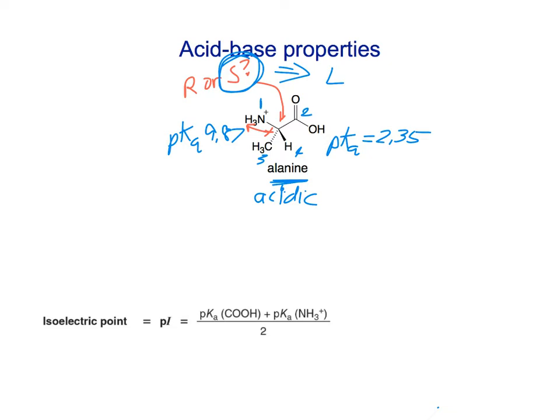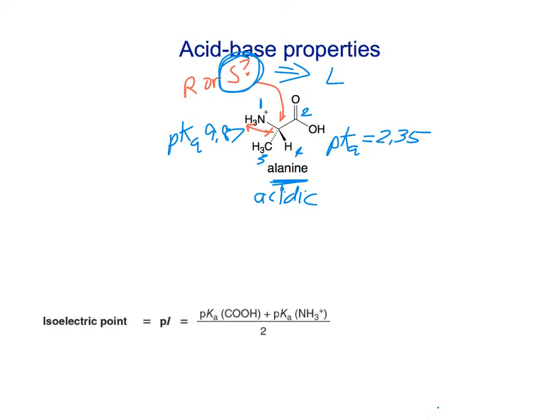Yeah. So just to clarify, the carboxylic acid's pKa is 2.35? Right, yeah. I wrote it right next to the carboxylic acid. Just to clarify.